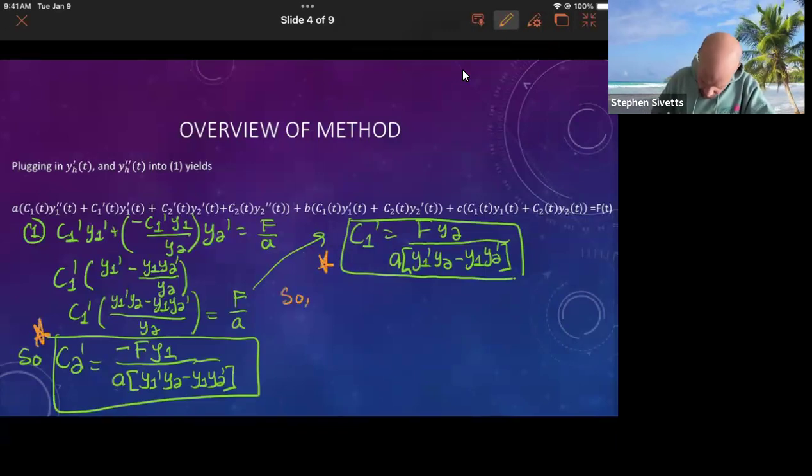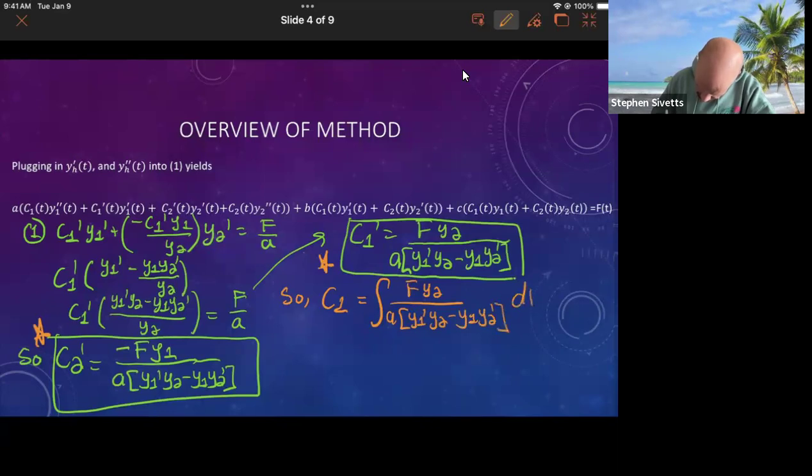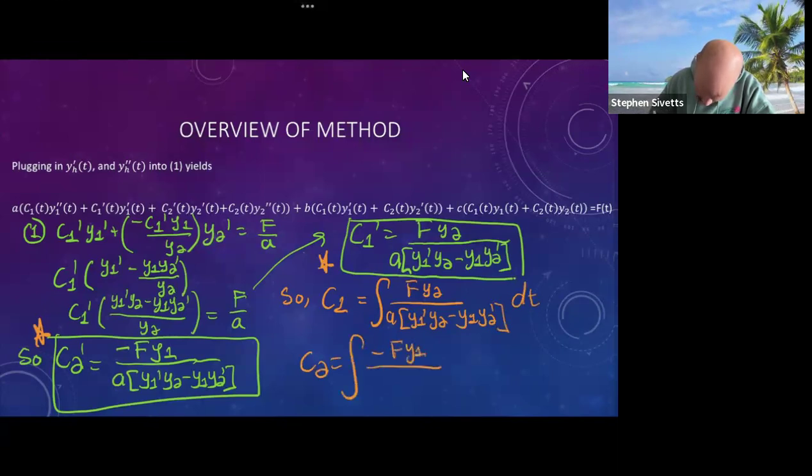So to figure out C1, all we have to do is integrate that term: the integral of F Y2 over A times Y1 prime Y2 minus Y1 Y2 prime dt. And then C2 is just the integral of minus F times Y1 over A times Y1 prime Y2 minus Y1 Y2 prime dt.